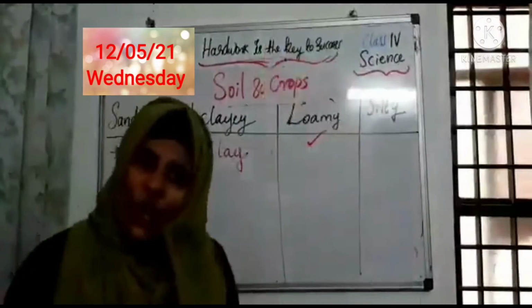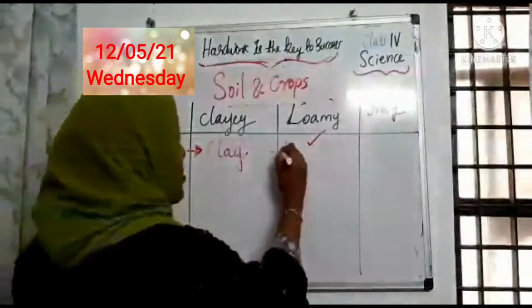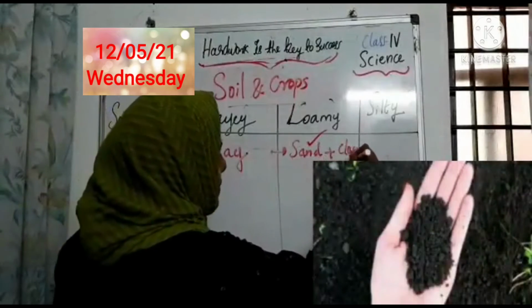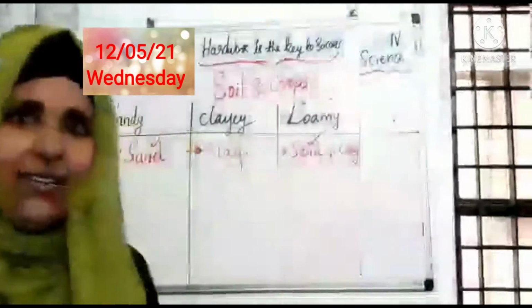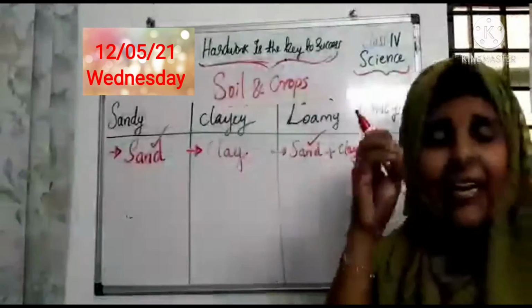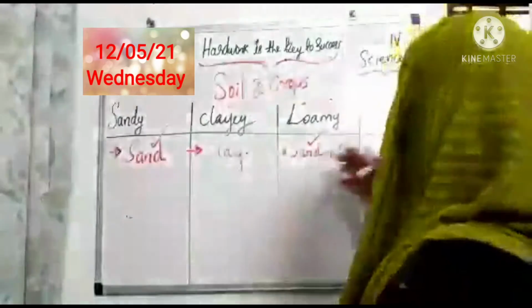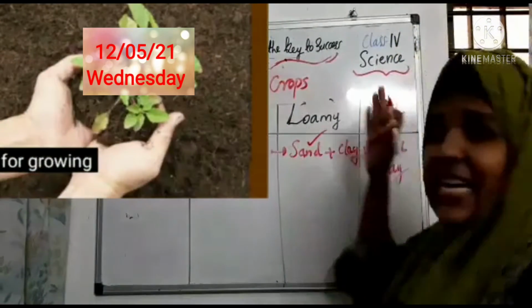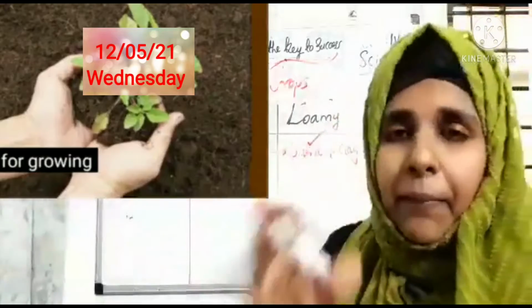Then what about loamy soil, children? It is a mixture of sand and clay. In silty soil, we can see grain particles of sand and clay. In silty soil, they should be fine particles.